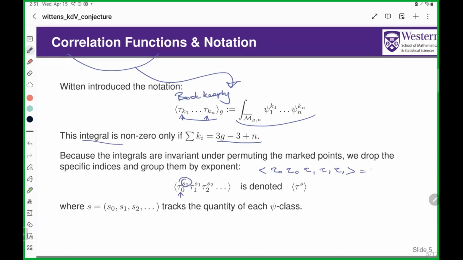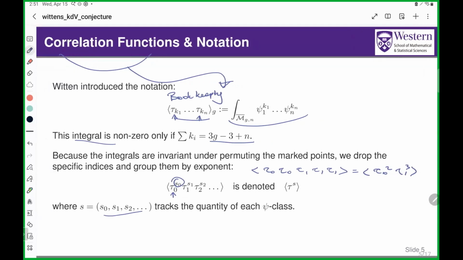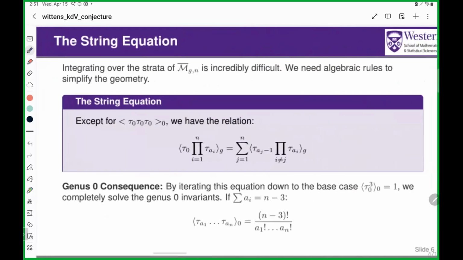In this notation, okay, this is obvious, but this is the notation that they're going to use. And so these are just indices. So this is a way to write down essentially every correlation function, and we're going to work with those.